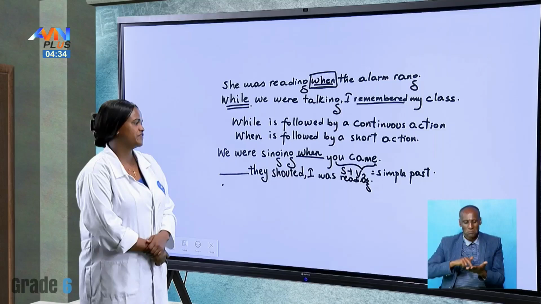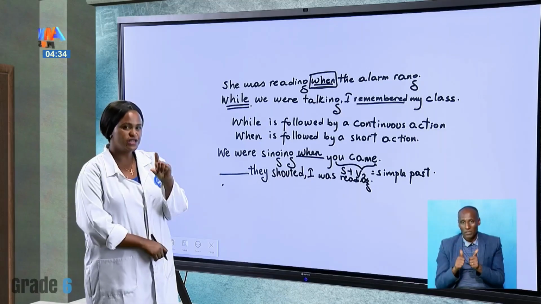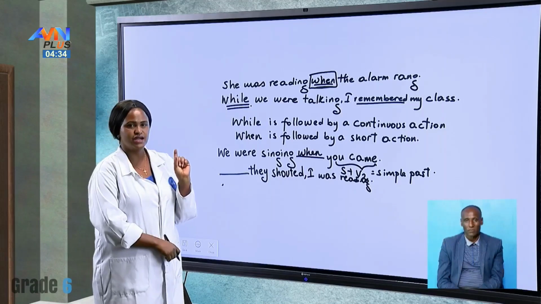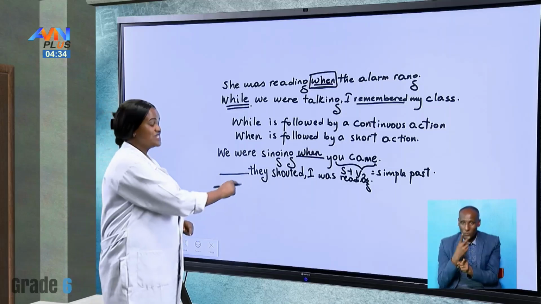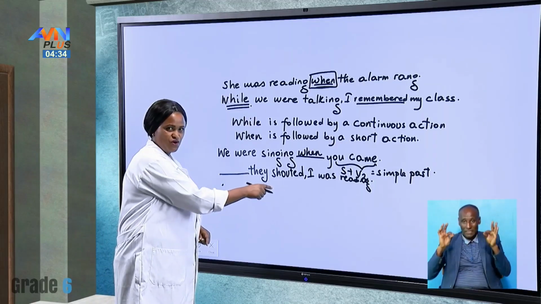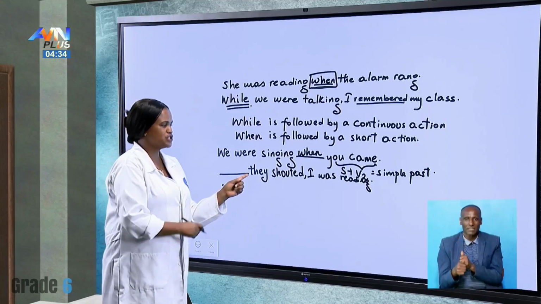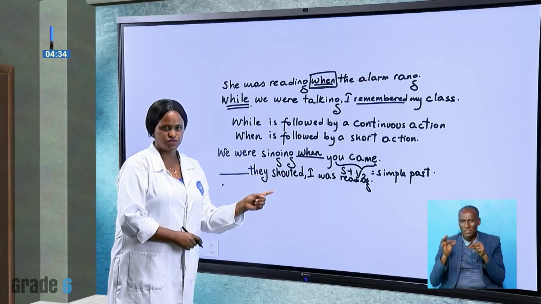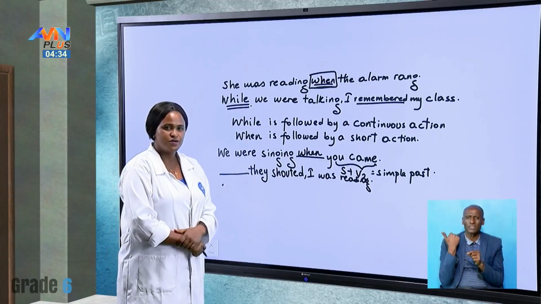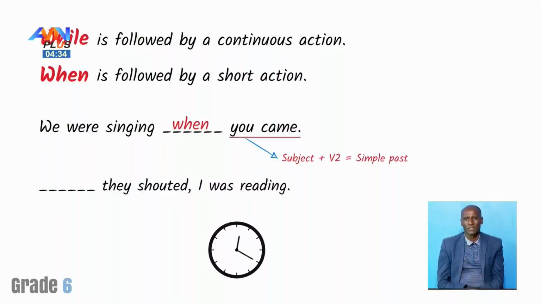Which one do you prefer? Now, in order to choose our answer, what do we see? We see the sentence that comes next, okay? So, what kind of sentence do we have here? They shouted. What is the answer? Let me give you a few seconds.